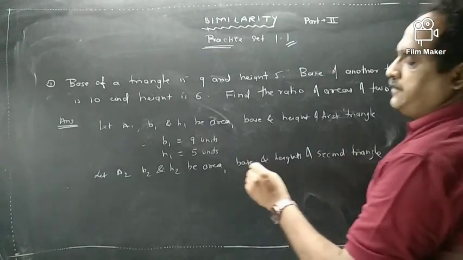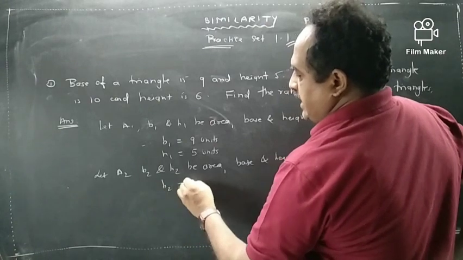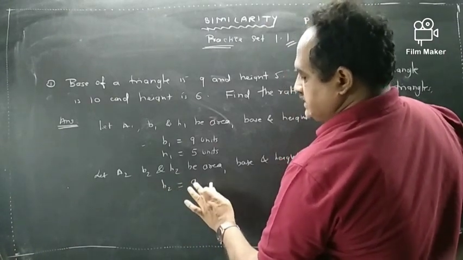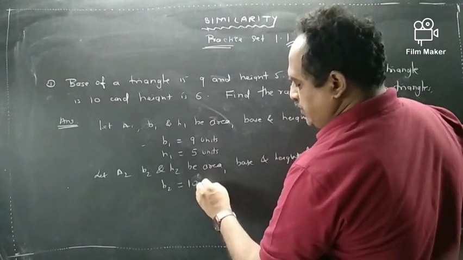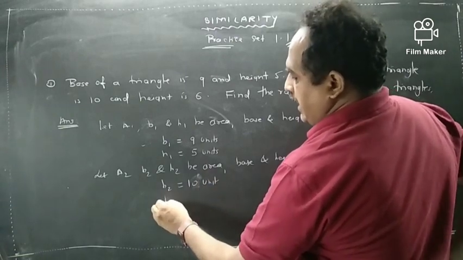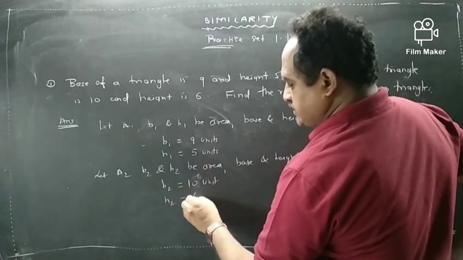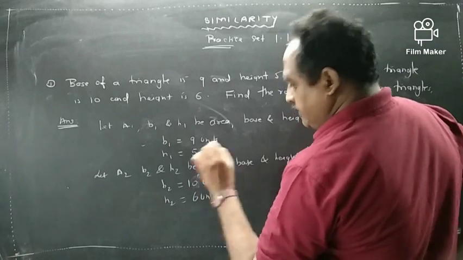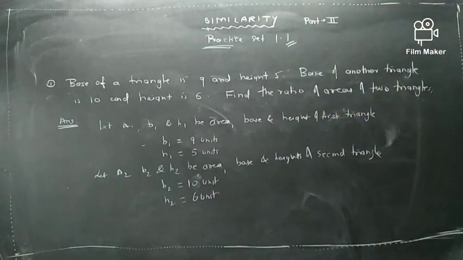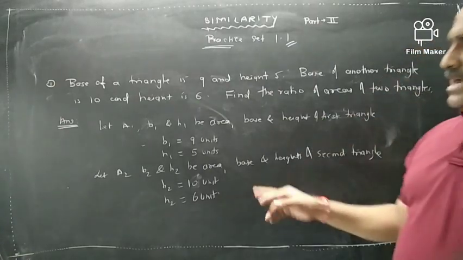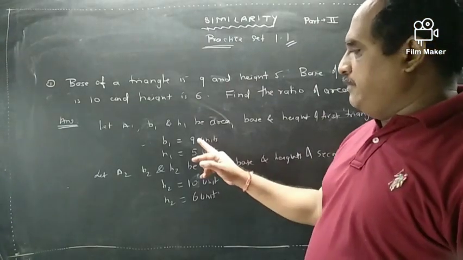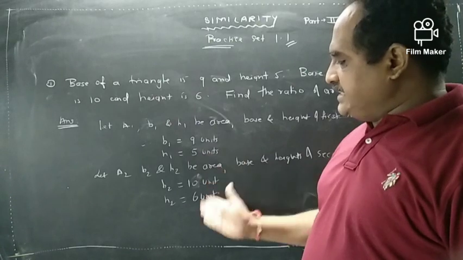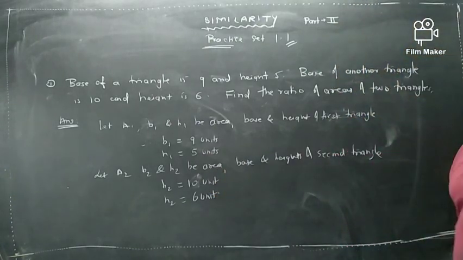So ultimately, B2 is equal to 10 units, and H2 is equal to 6 units. Now, they have not mentioned, if you see the values, bases are 9 and 10, heights are 5 and 6, so heights are not equal and bases are not equal.